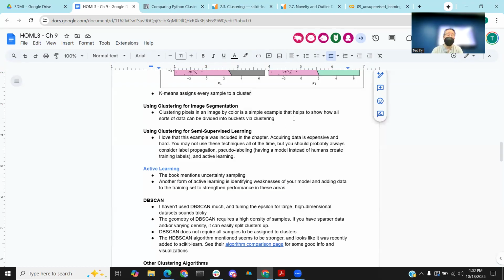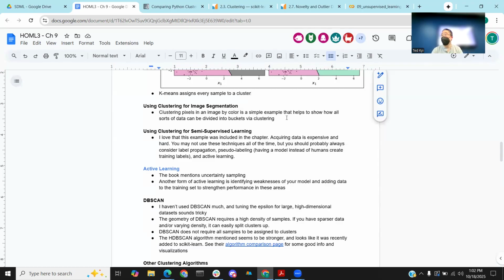All right, so there's an example here where the author takes an image and clusters the pixels based on the color. I thought this is a very nice, simple visual example of how clustering can be helpful.